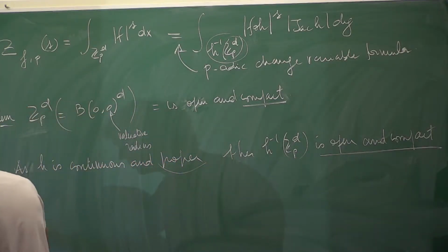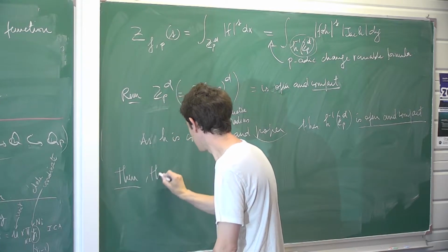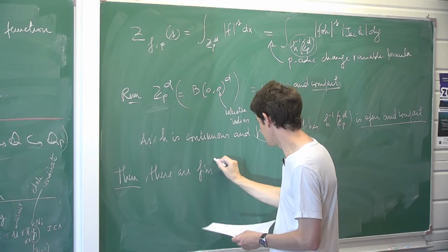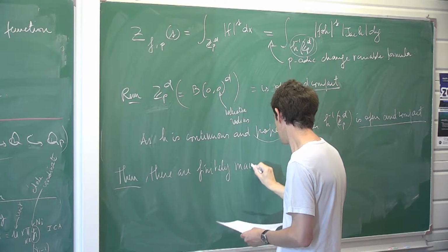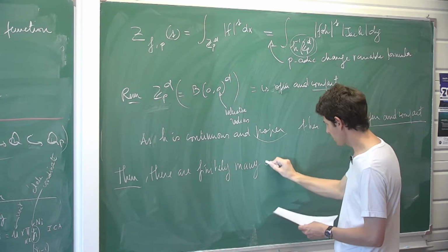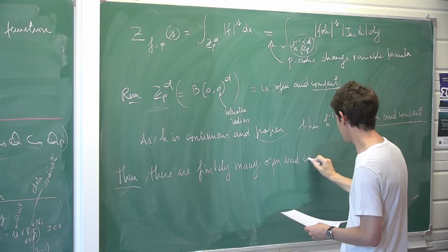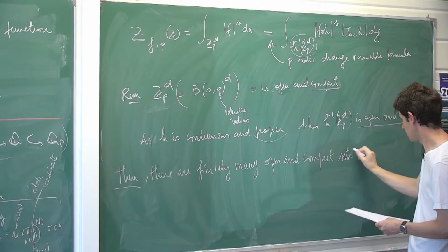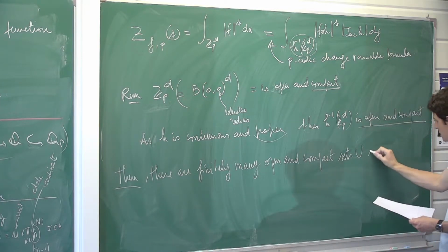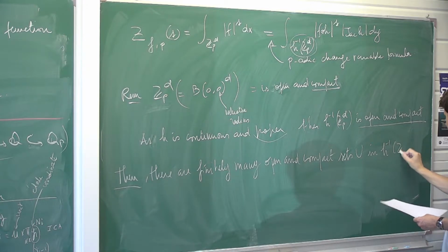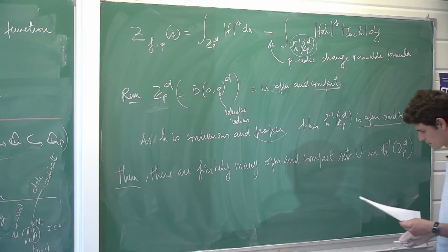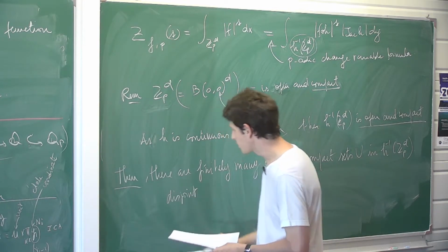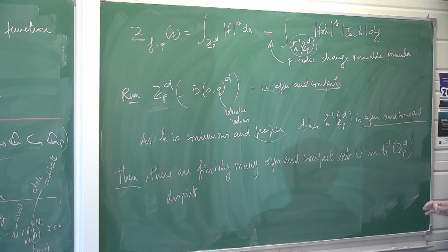So then, there are finitely many open and compact sets U, so they are disjoint. So I recall to you that Q_p is totally disconnected. Okay.